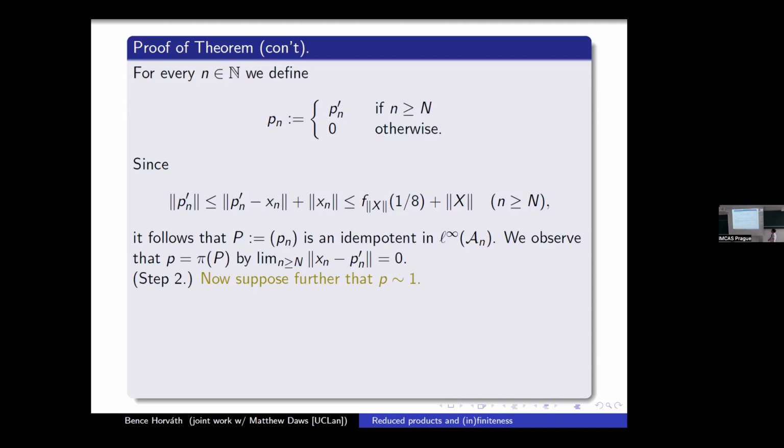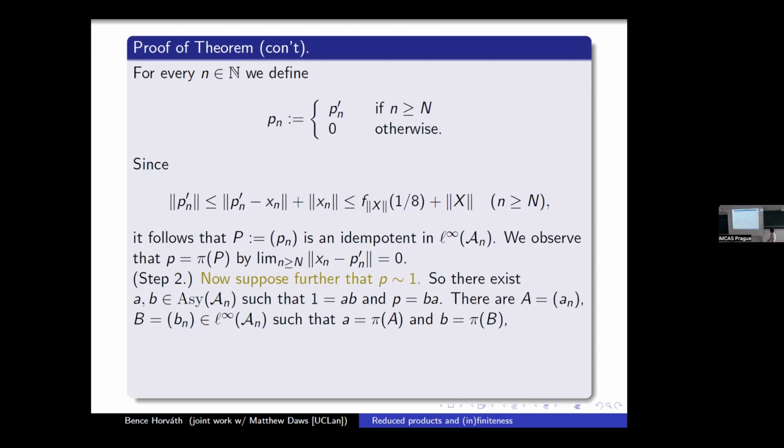We can now show that if P was equivalent to the identity to begin with, then by the very definition of the equivalence, we can find a and b in the asymptotic sequence algebra such that they implement this equivalence.